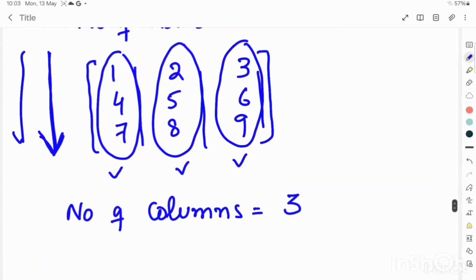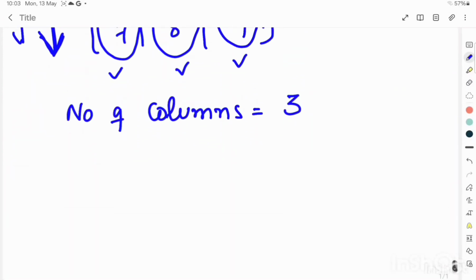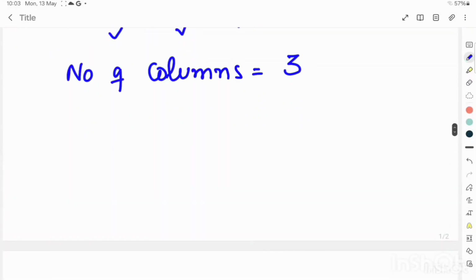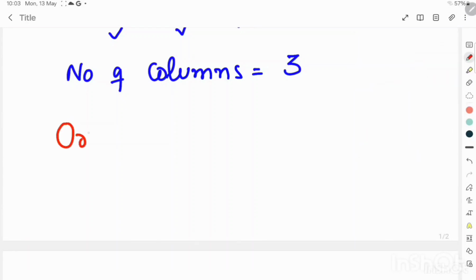Okay student. Now I will discuss the order of a matrix, which is a really important topic, because in every situation we will use the order of a matrix. So what is the order of a matrix? To find the order of a matrix, we always use a formula.